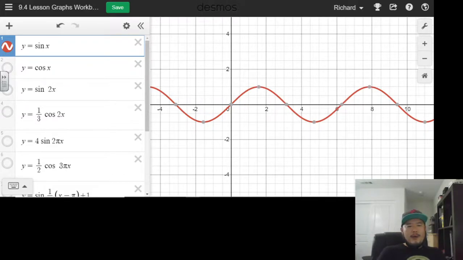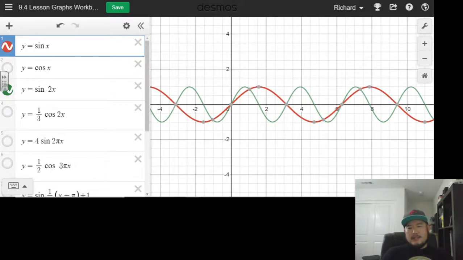Now remember, with y is equal to sine 2x, what ends up happening is that it's compressing, right? It's going to be shrinking. And here we see in green, we look at our green function, and right there, remember, one period is going to be from 0 to pi. And you can see highlighted right there is pi, comma 0. 0, 0 is right here.